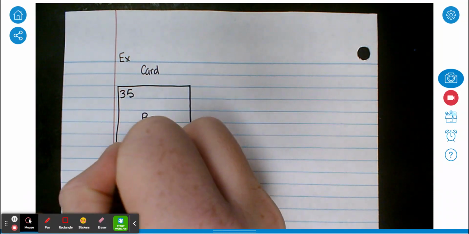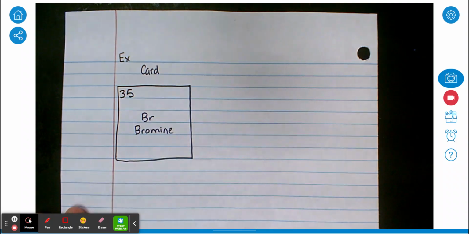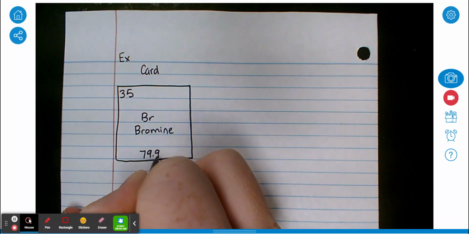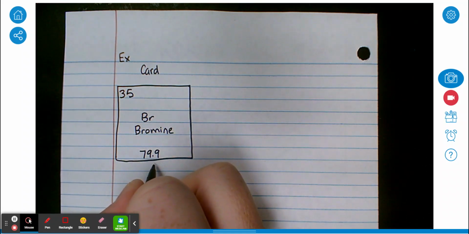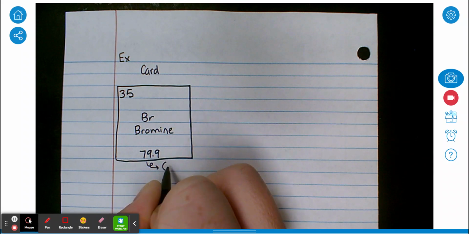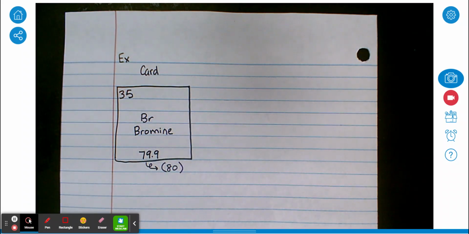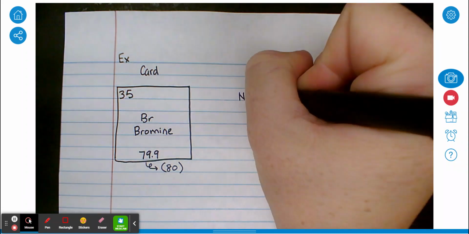It is Br. And it has an atomic mass of 79.9. Now, a lot of the elements have a decimal atomic mass. What you're going to want to do for our purposes is round that. 79.9 is going to round up to 80. So this is our element card for bromine. We are tasked with drawing the nucleus.